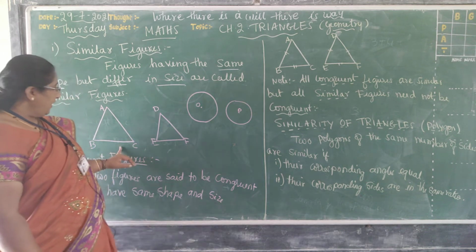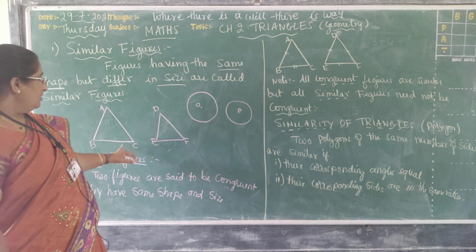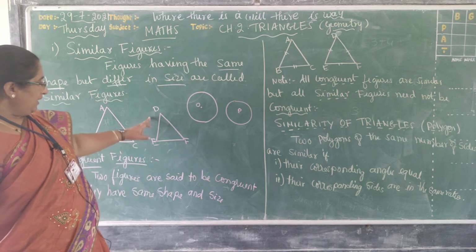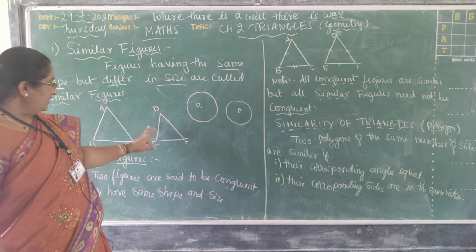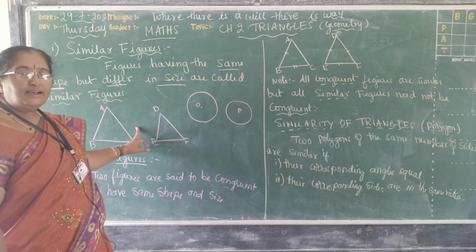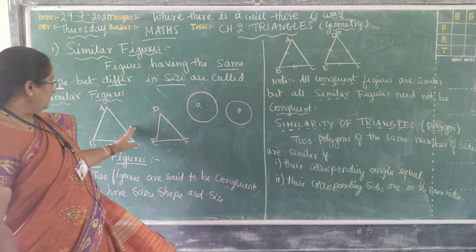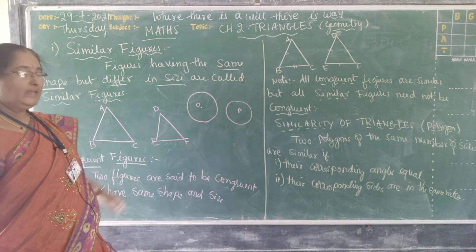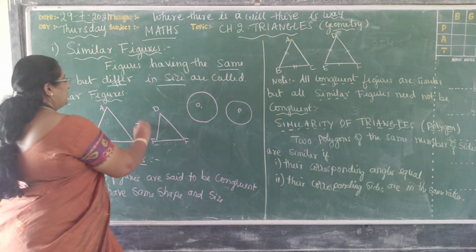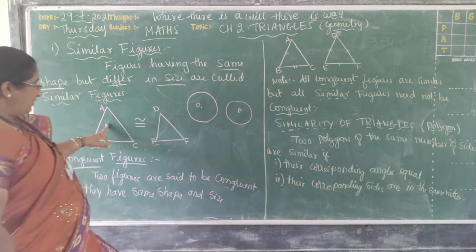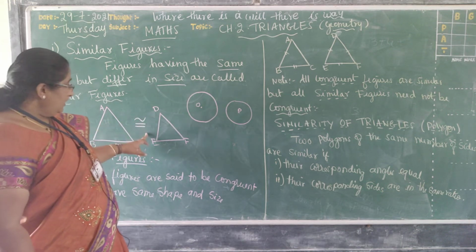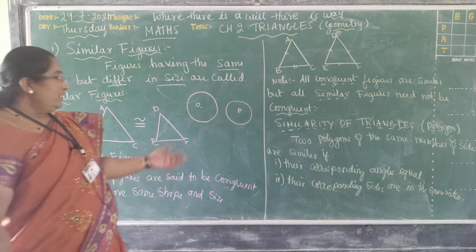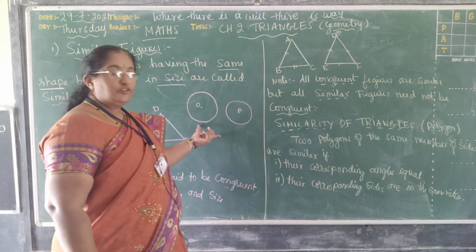Here you can see triangle ABC is a bigger triangle, triangle DEF is a smaller triangle. The shapes are the same but the sizes are different. So we can say triangle ABC is similar to triangle DEF. We write the similar symbol like this. In the same way, here you can see two circles drawn.